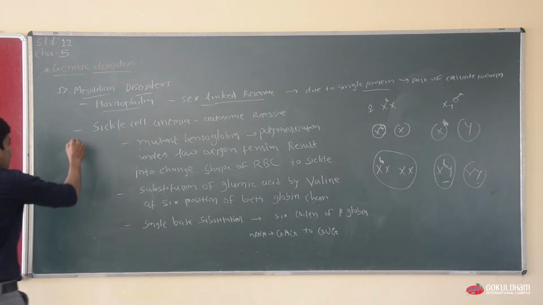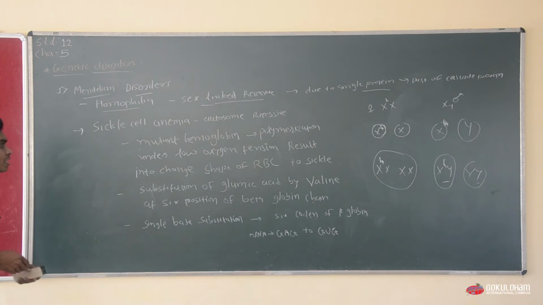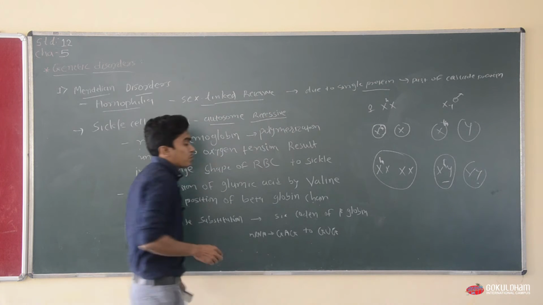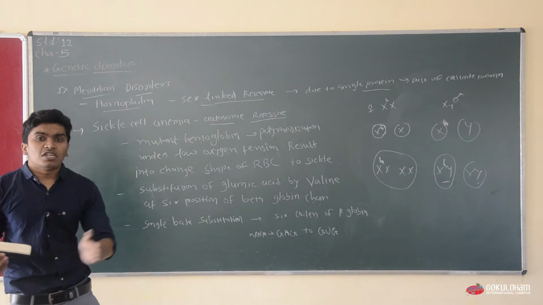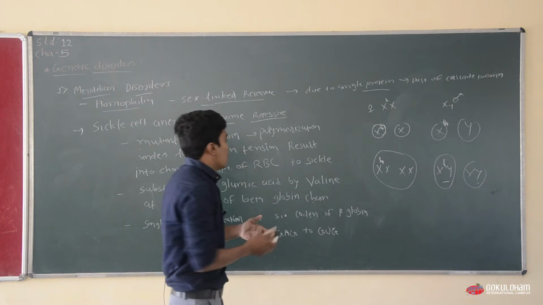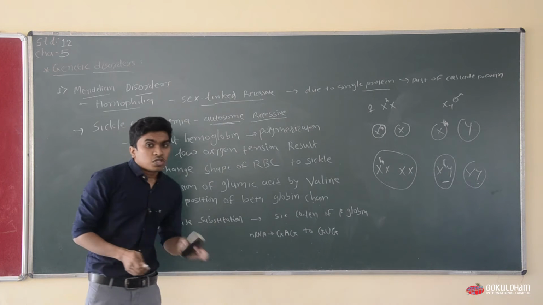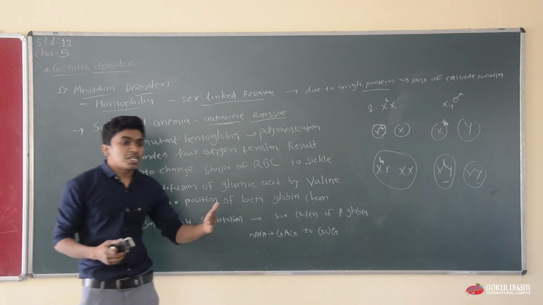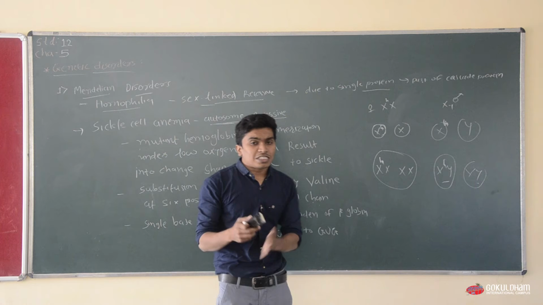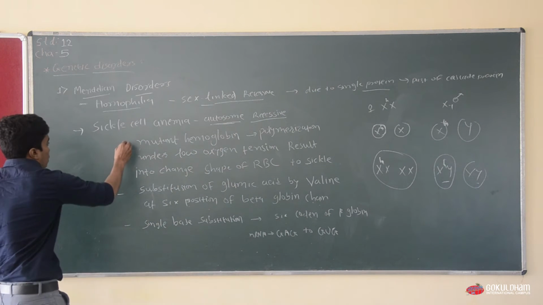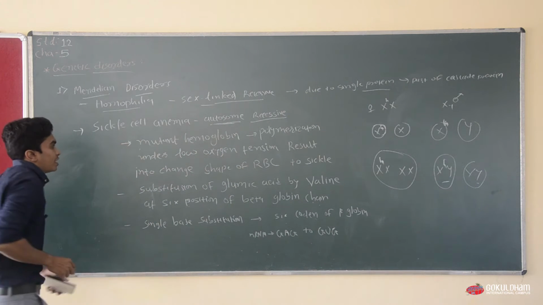Now next one is sickle cell anemia. Sickle cell anemia is autosomal recessive, which means it is not linked with the sex gene. So in autosomal recessive disorders, the disease occurs in both males and females in an equal manner. Now, why does sickle cell anemia occur?